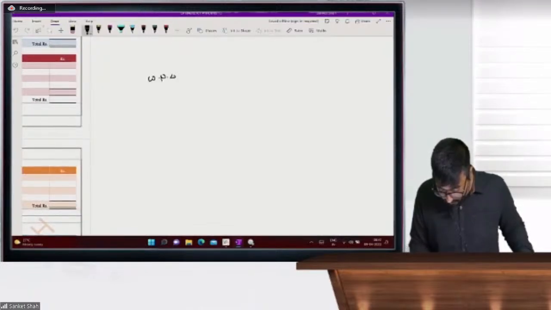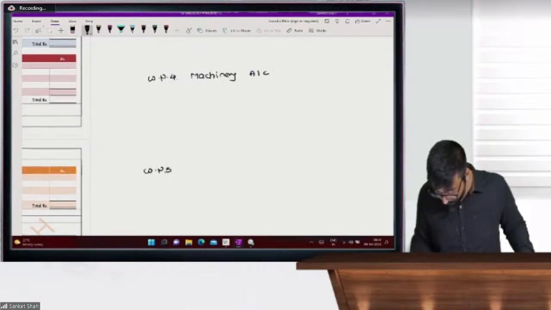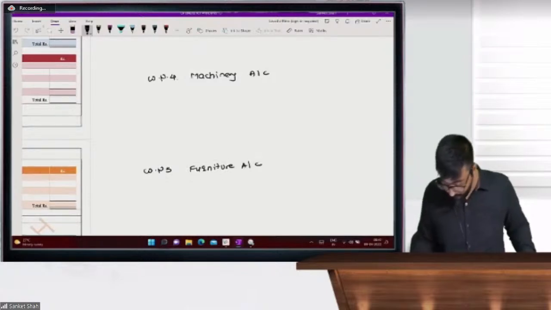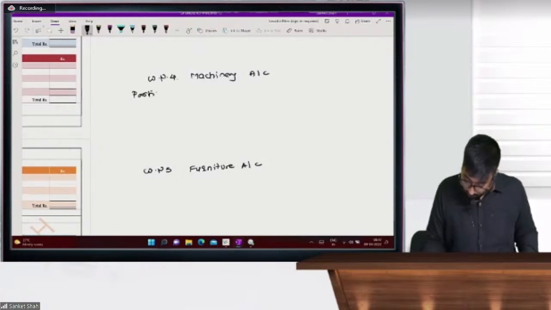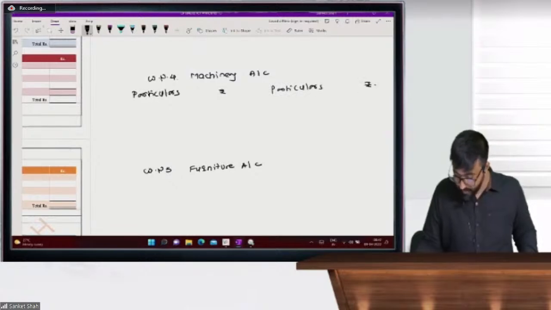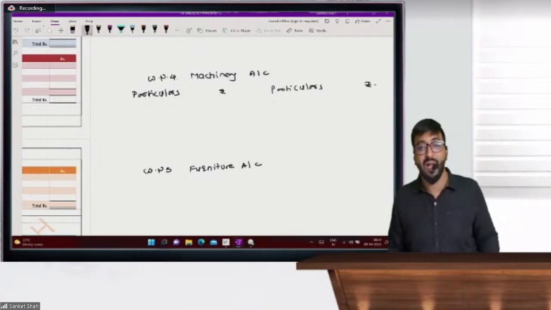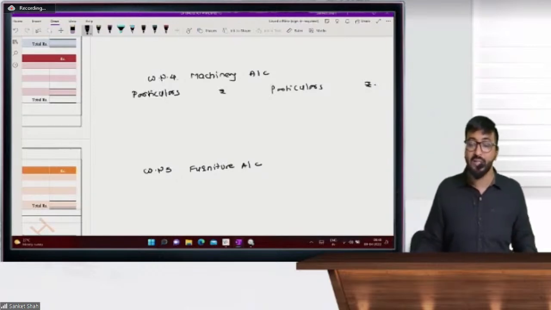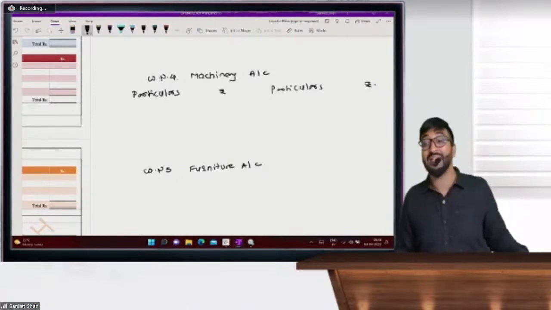Which was working note 4, beta? Machinery, right? Statement of affairs is prepared when your balance sheet does not tally. For the capital account, it is the balancing figure; I will tell you at the end. When the balance sheet is not tallying, it is called a statement of affairs.